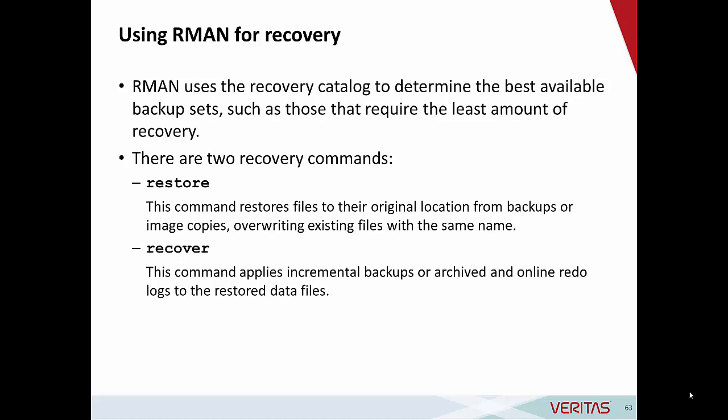RMAN uses the recovery catalogs to determine the best available backup sets. The RMAN restore command restores files to their original location from backups, overwriting existing copies. The recover command applies incremental backups, archived redo logs, and any available online redo logs that happen to be on the server to bring the database to a consistent state.